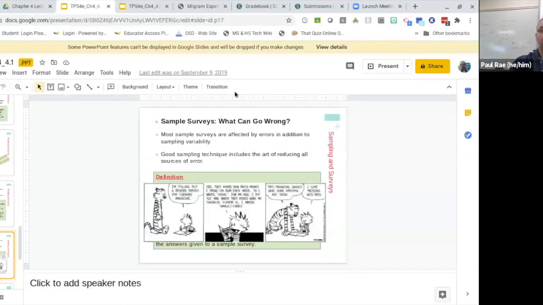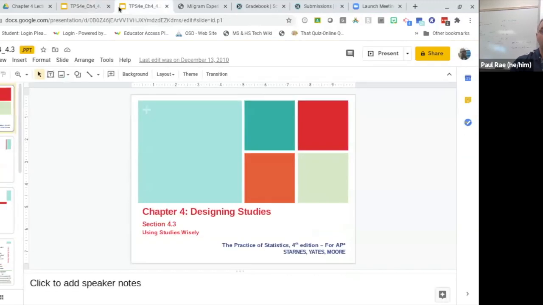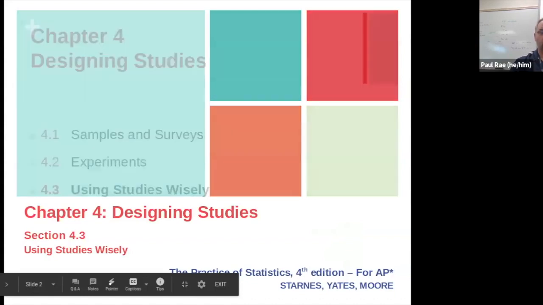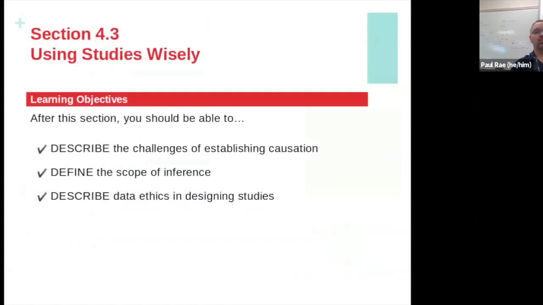Now, what about in experiments, larger experiments, and how do we use those wisely? Well, experiments, we want to establish a causation, but we have to really be careful of the difference between correlation and causation.